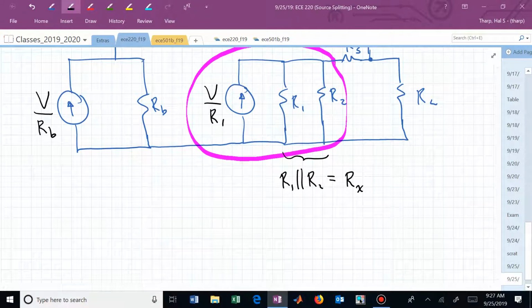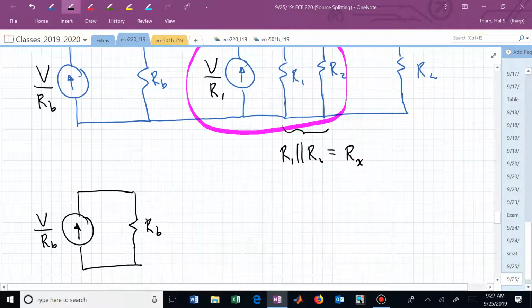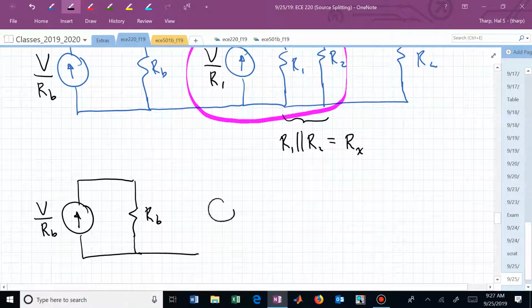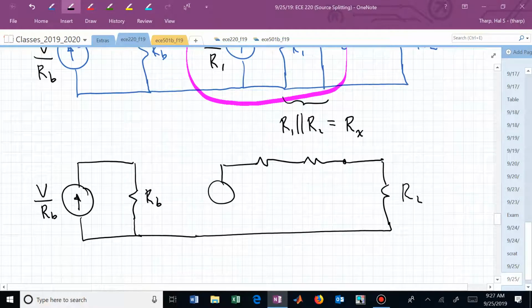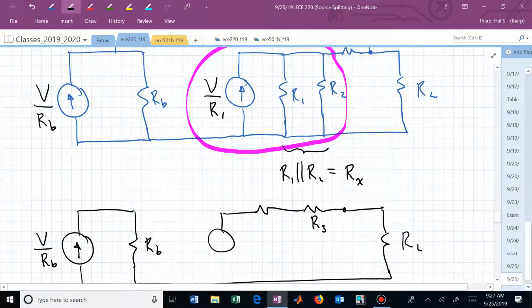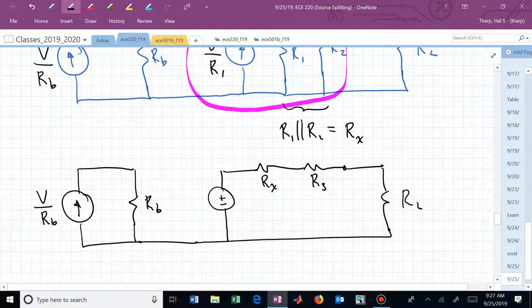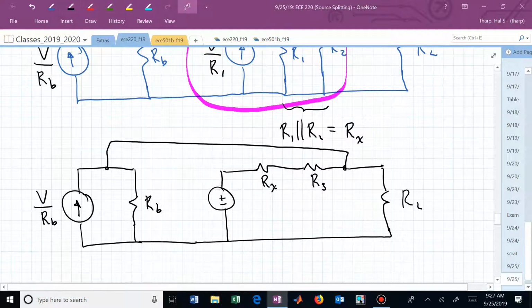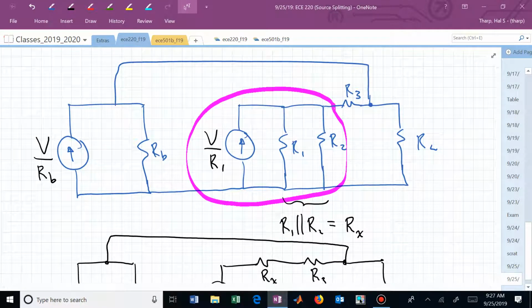Or I now keep this left piece, and what's going to be the value of the source voltage now?